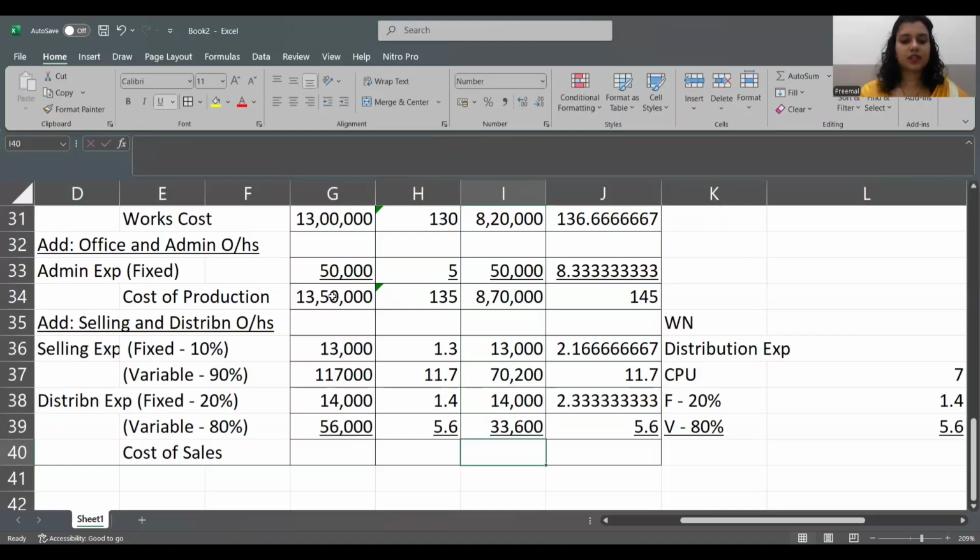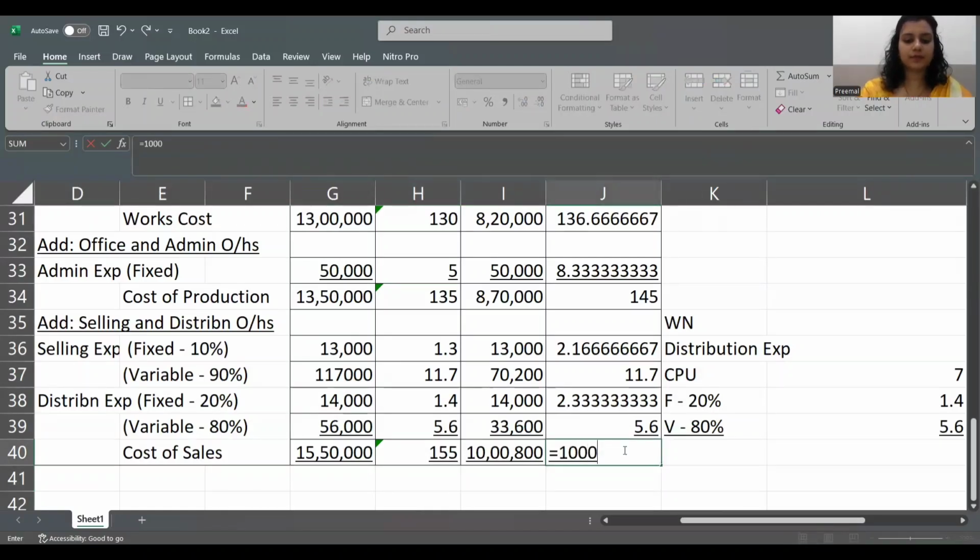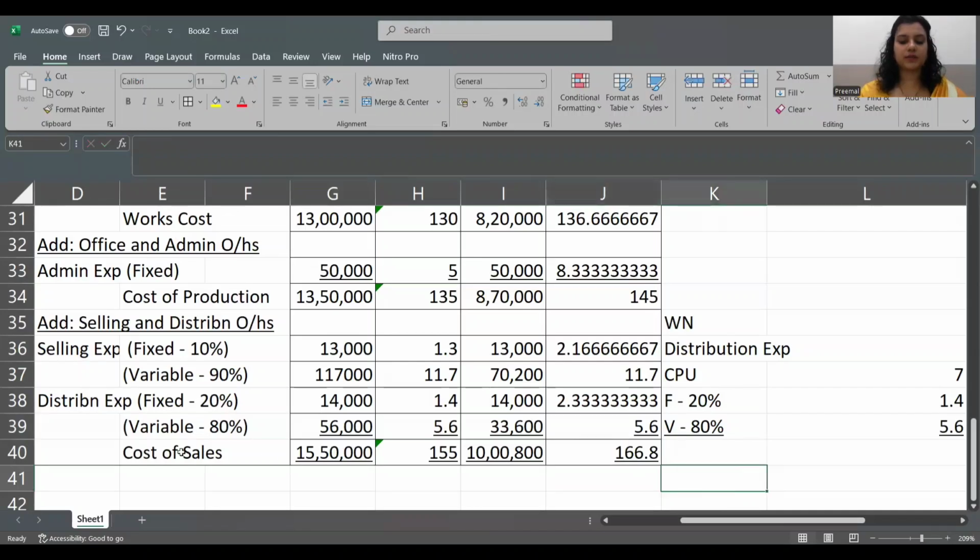So with this, we find out the cost of sales. Find out the cost per unit of cost of sales. Take the amount and divide by the respective units. This 155 was already given in the question. And this is what we are supposed to calculate. So with this, we were able to find out the cost of sales at 6,000 units as well.